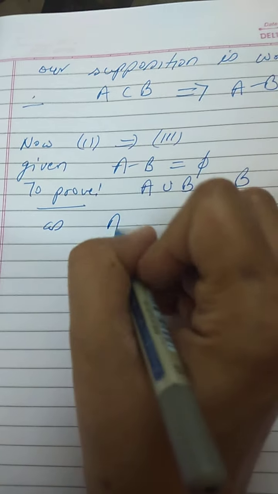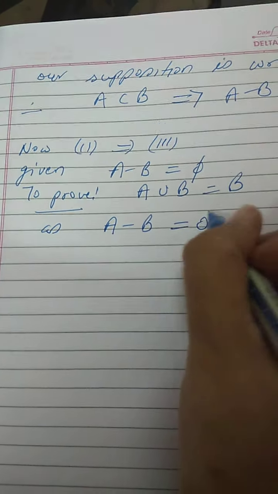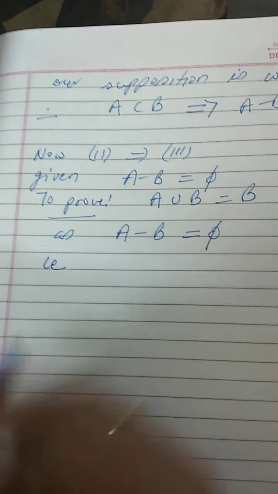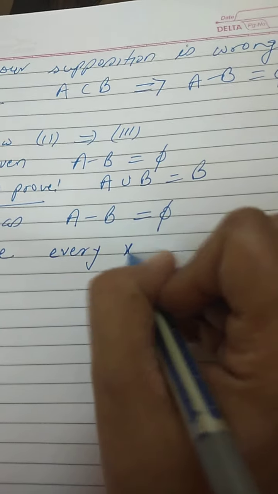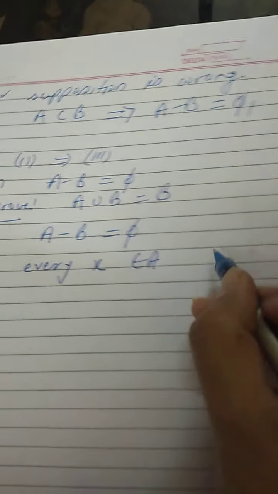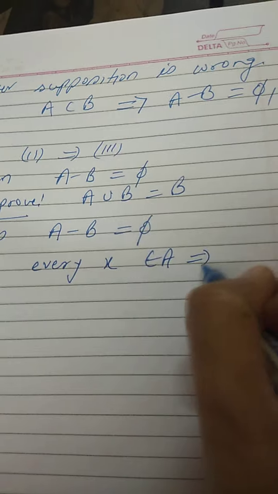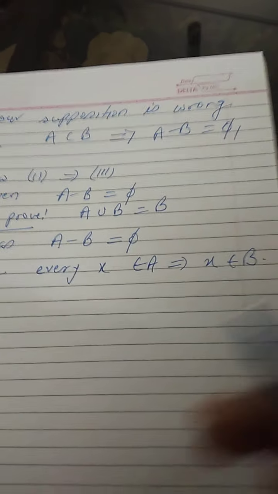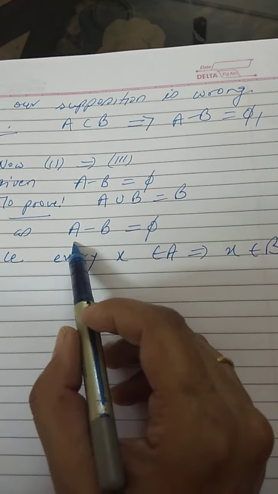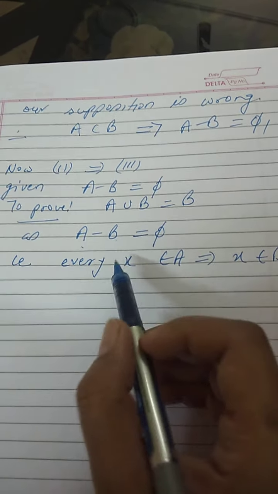As A minus B is equal to phi, that is, every x belonging to A implies x belongs to B also. Every element of A is also an element of B. This is what it means.